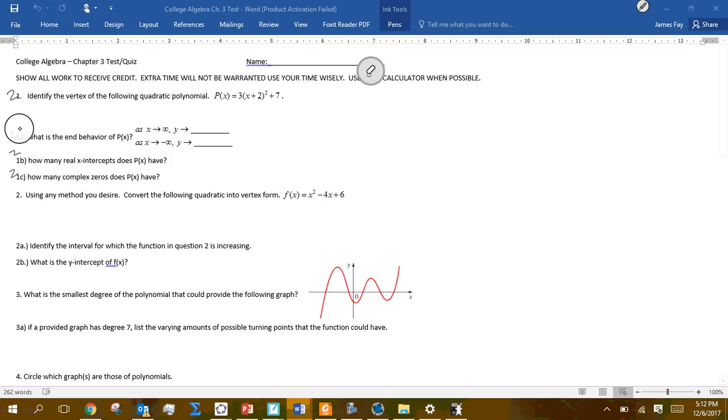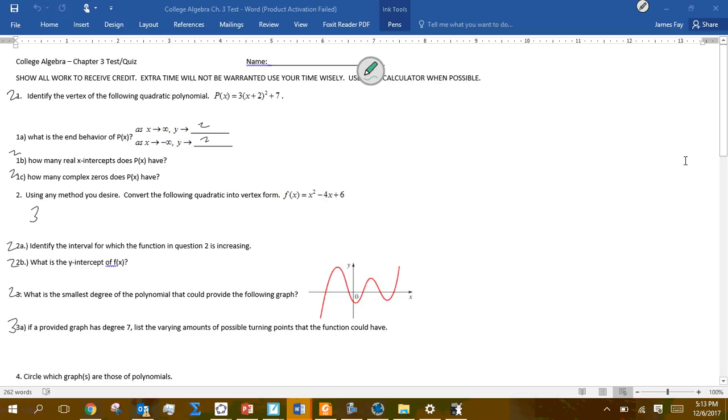This one was 4, 2 points there and 2 points there. Number 2, I went 3 points there, 2 points, 2 points. Down here, question 3 was 2 points, 3 points.